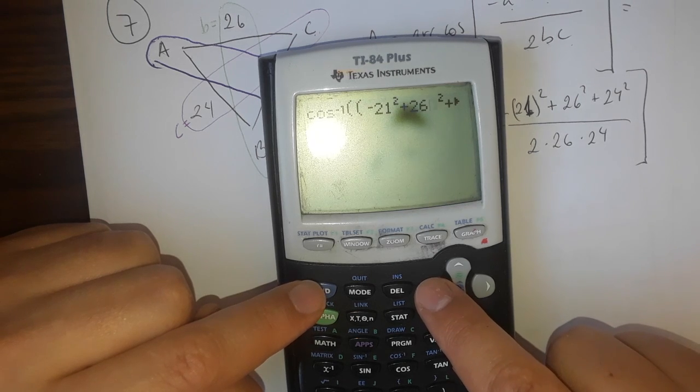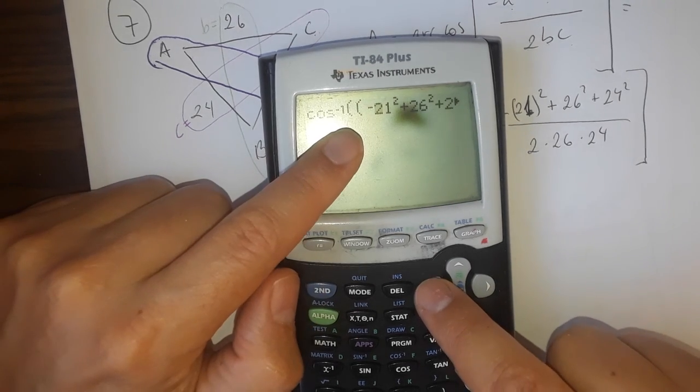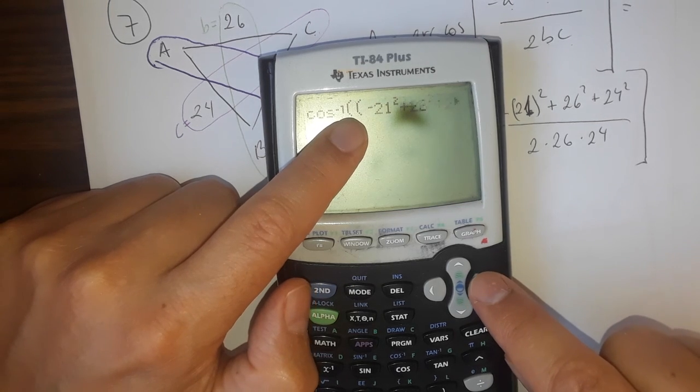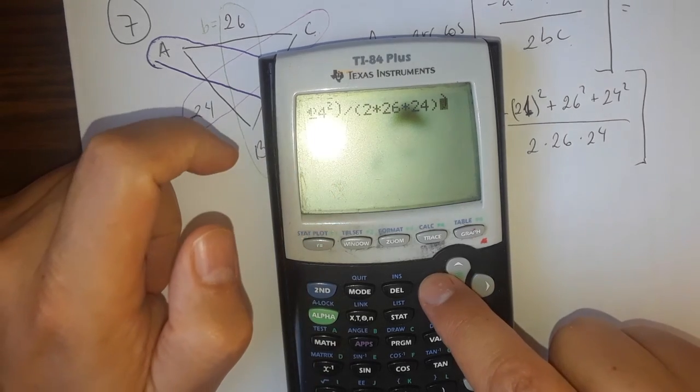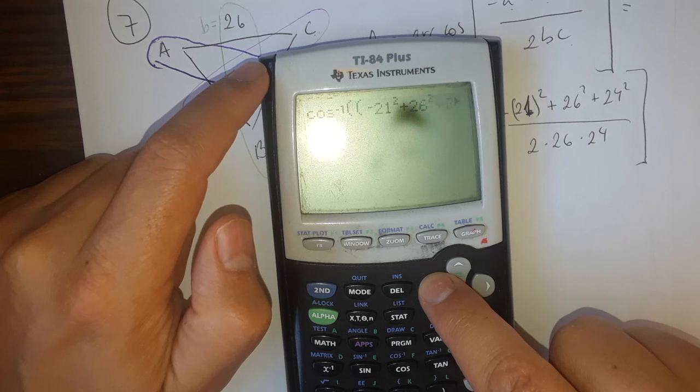Now it's really the parentheses. This parenthesis is closing this one, and this one at the end is closing the inverse cosine. I believe it's right. Let's see what happens.